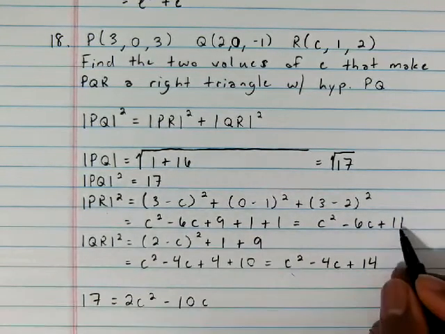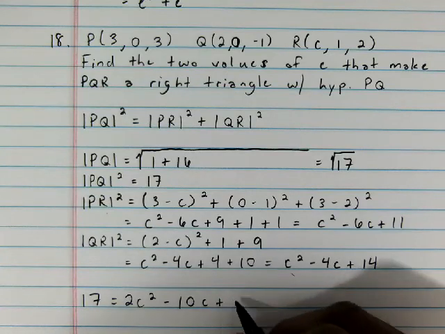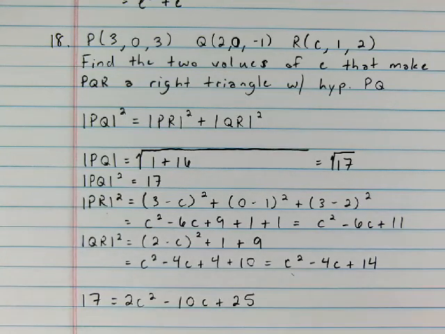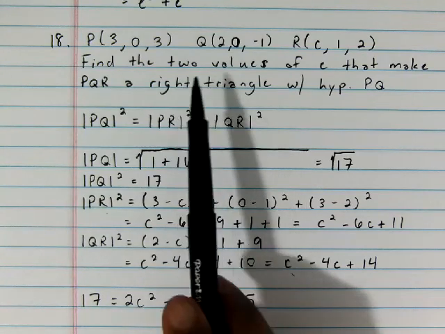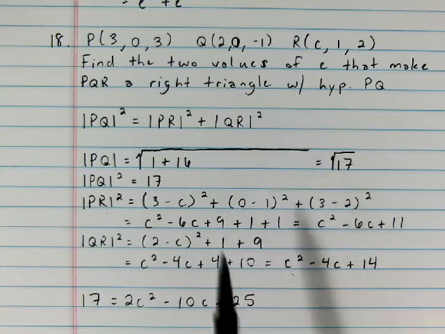And then the 11 plus the 14 gives us 25. All right, so now what our problem said, find the two values of C that make this a right triangle with hypotenuse PQ. So now if we solve this equation for C, then we will have the two values of C that will give us that right triangle.